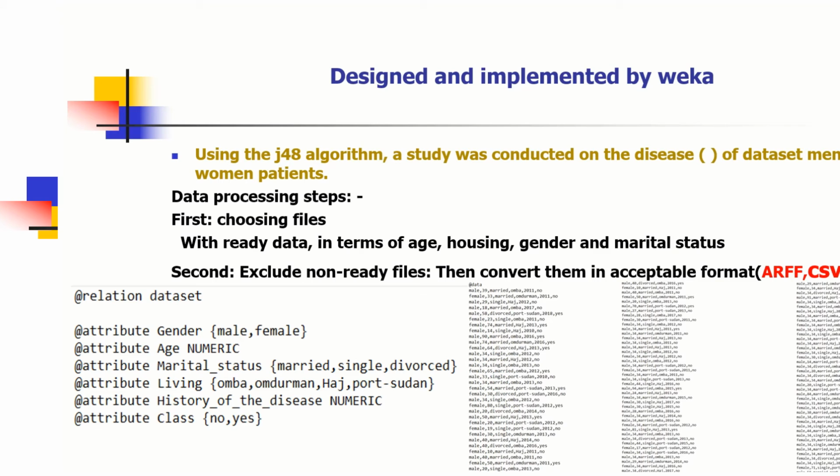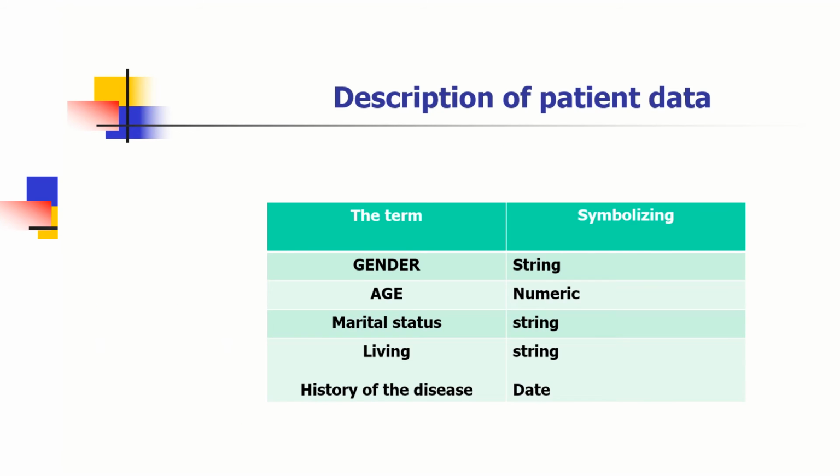This page includes a dataset with attribute names and attribute types. This dataset was written in Excel and converted to CSV and ARFF for execution in Weka. This table describes the patient data: gender, marital status, and living are strings, but age is numeric, and history of the disease is a date.